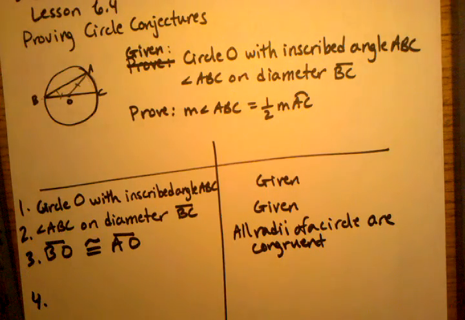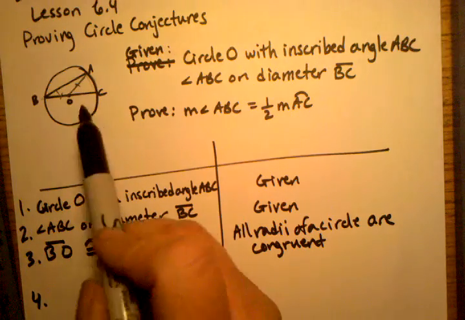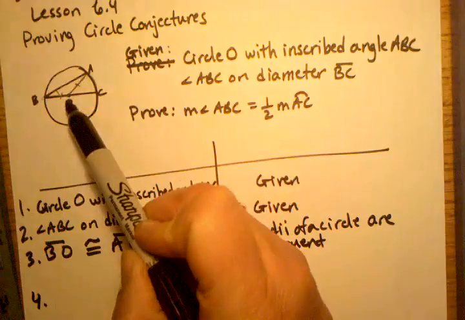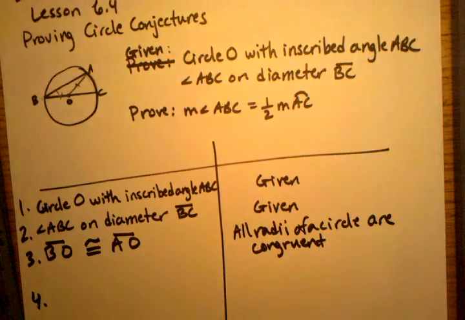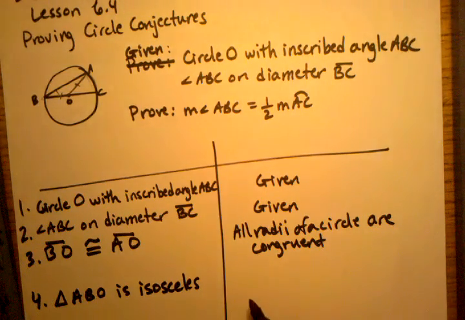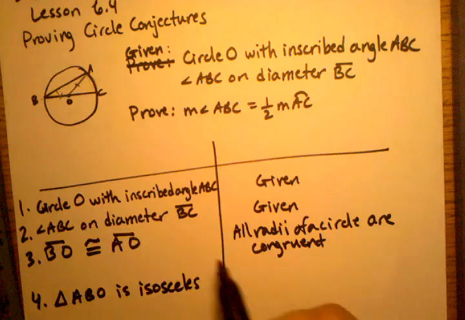Now that I've proven that BO and AO are congruent line segments, I can start working with that triangle. I now can say that triangle ABO is isosceles. How do I know that? Because the definition of an isosceles triangle is that two sides are congruent.